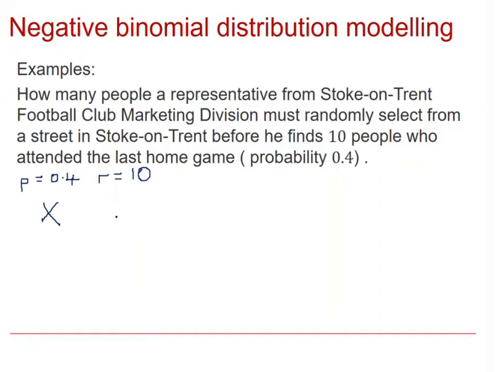And that's rather a lot to write out, so again, good practice to write that out in an exam, but I won't fill it in here. So X would follow a negative binomial distribution with parameters 10 and 0.4.